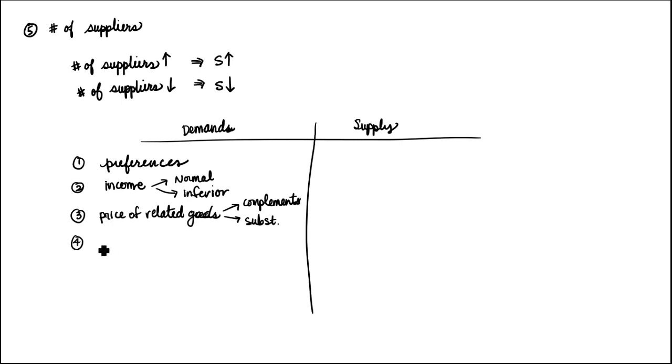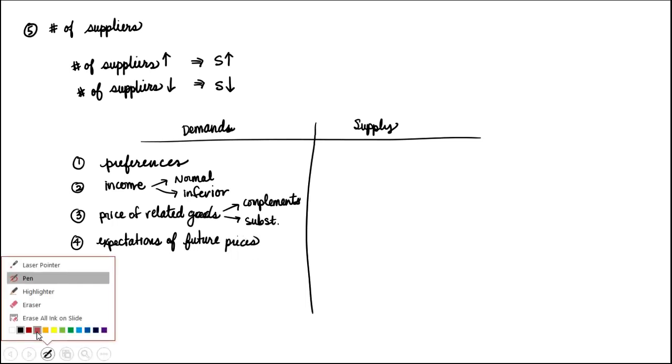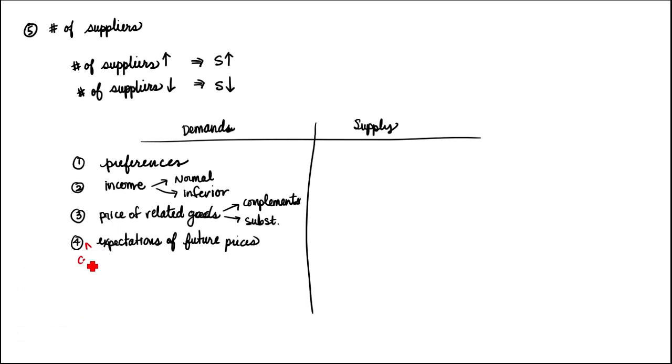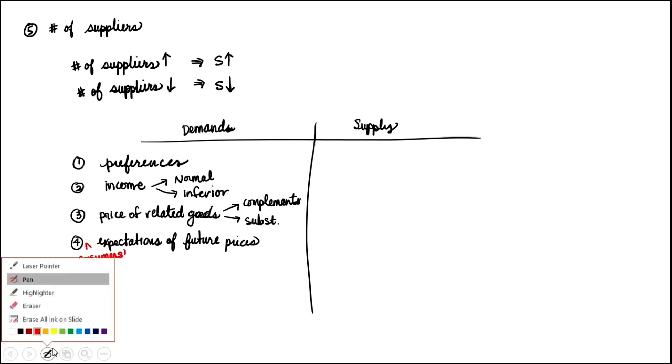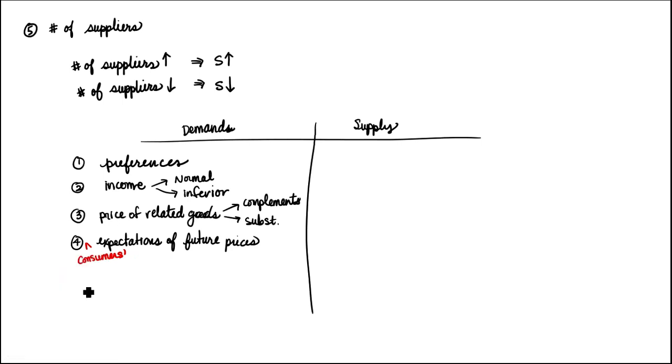Number four was expectations of future prices. But remember, we were talking about consumers, their expectations. And then number five, number of demanders.